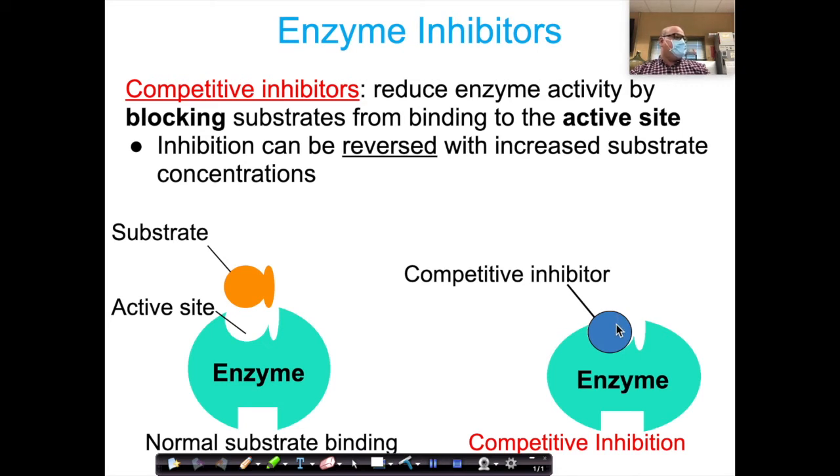How could you make sure your chances of picking out a blue Skittle went down? Dump a whole bunch more goldfish crackers into the bowl. You might get one every once in a while, but in general, if we reduce the amount of blue Skittles or we increase the amount of substrate, it gets easier for this inhibition to be reduced.